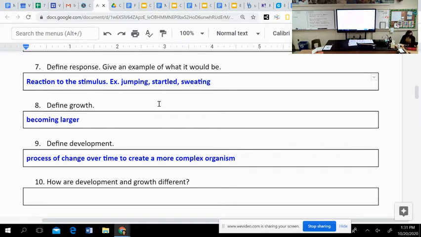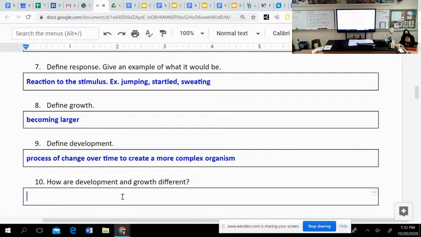Then for question 10, how are development and growth different? What do you guys have? This is kind of a compare and contrast, like explain how they're different or how they go together. Haley? Okay, so whenever you're growing, you're just kind of becoming larger, getting bigger, but whenever you're developing, you're becoming more complex. So you do want to have some sort of explanation like that.